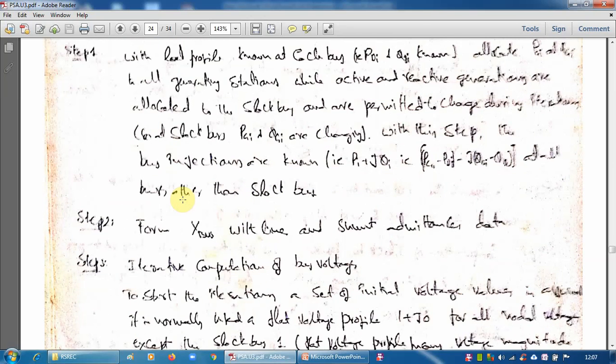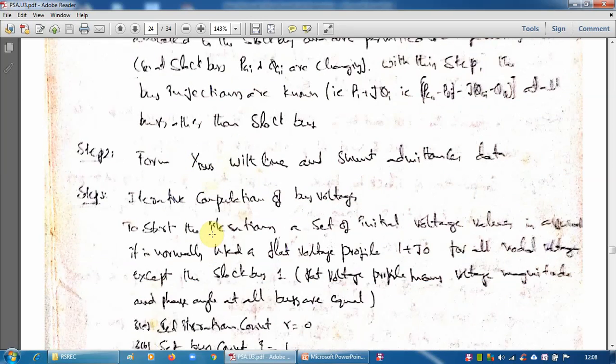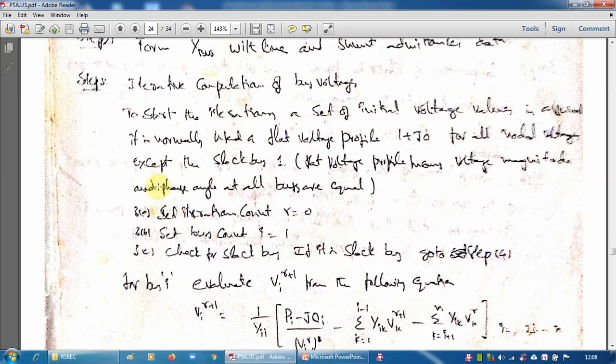That is step 1, allocation of data, that means taking of data. Next, step 2 is, with this data, line data and bus data, construct Y bus. We know how to construct Y bus. Next, the third step, the iteration process, starts here.